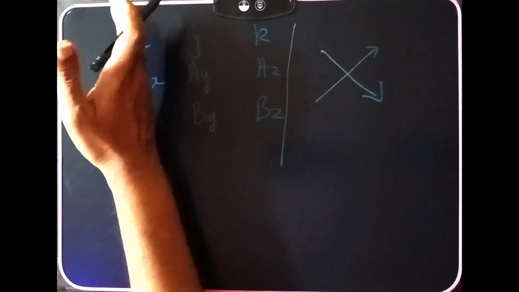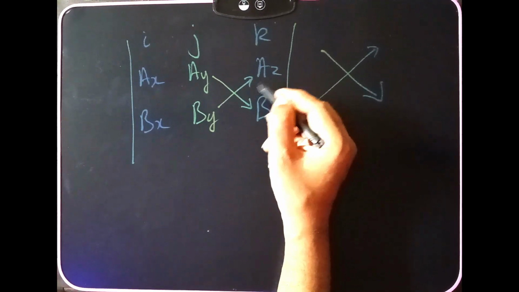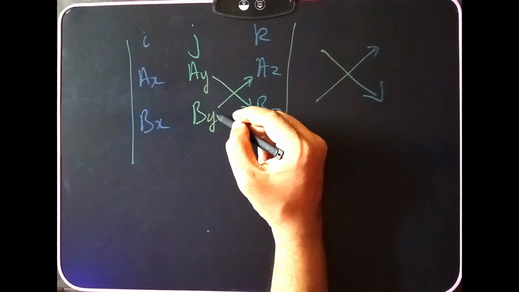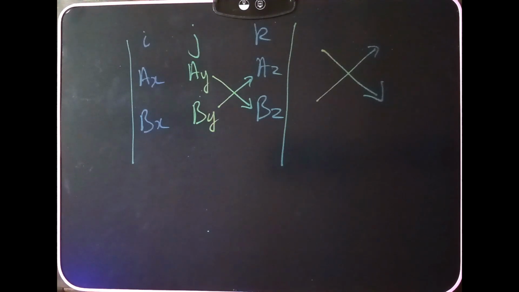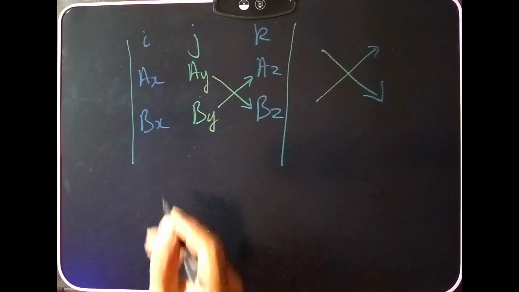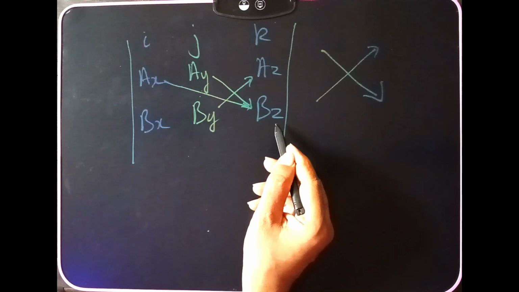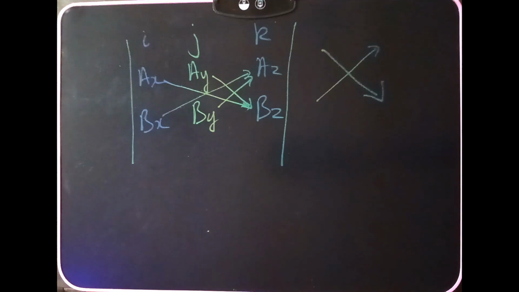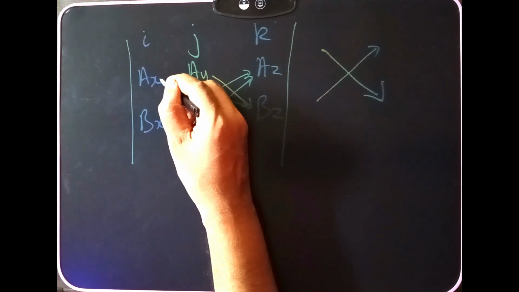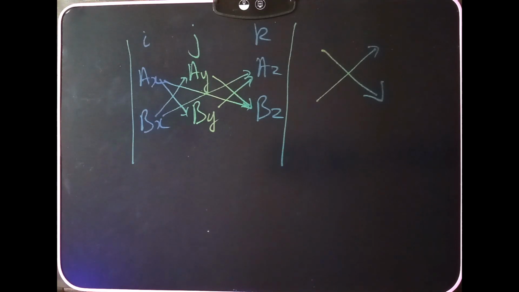So if you want to find the i cap, you will do Ay into Bz minus By into Az. Now if you want to do j, you have to prefix j with a minus sign and then do Ax into Bz minus Bx into Az. Then you cover k, plus k cap, you multiply Ax into By minus Bx into Ay.